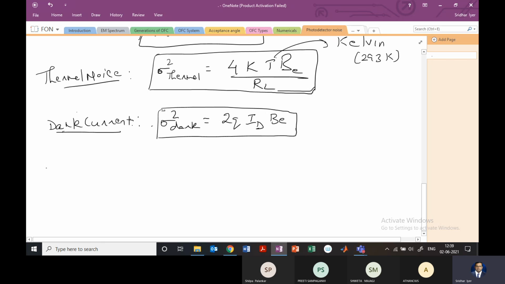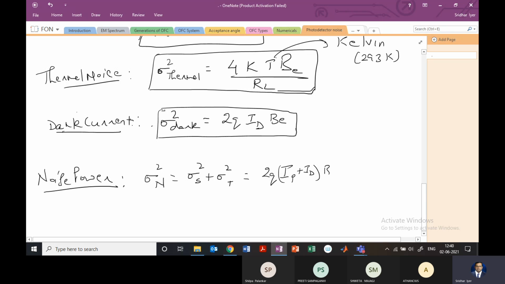So overall the noise power is dominated by the shot noise and the thermal noise. So sigma square N total will be sigma square S for shot and sigma square T for thermal, which will look like this: 2q (I_P + I_D) B_E + 4kT B_E divided by R_L. If we include the dark current also, I can write this as I_P plus I_D because the other factors are the same.